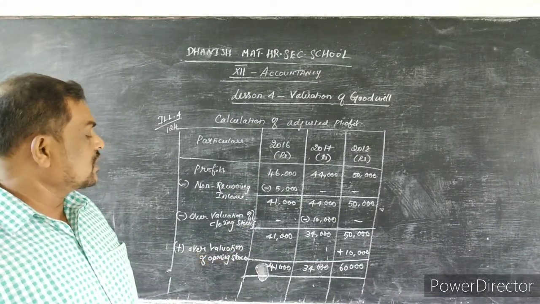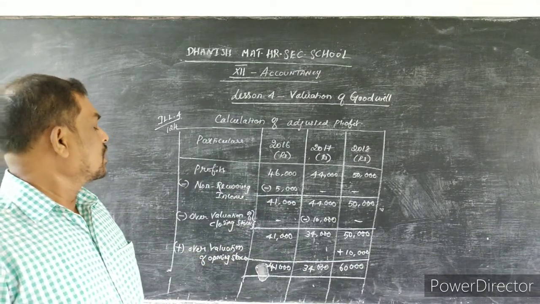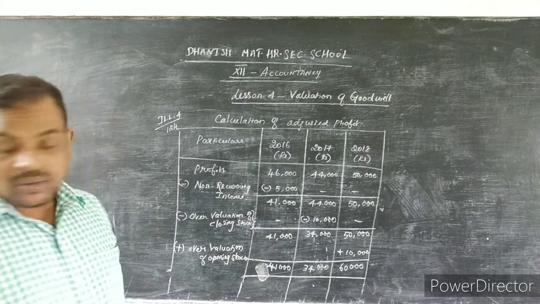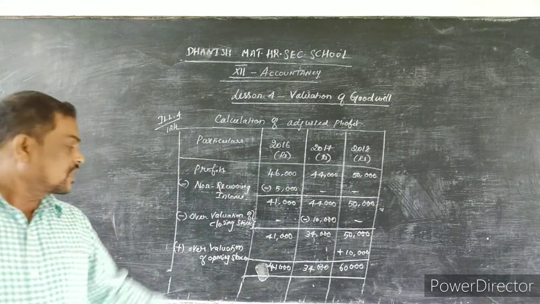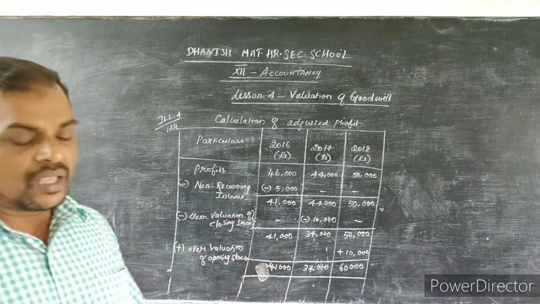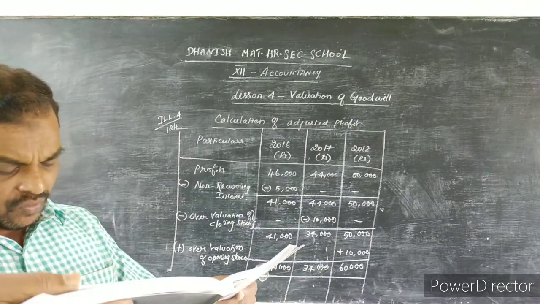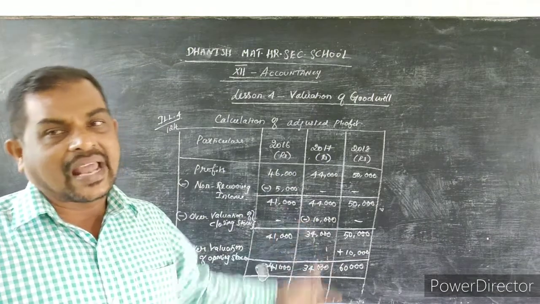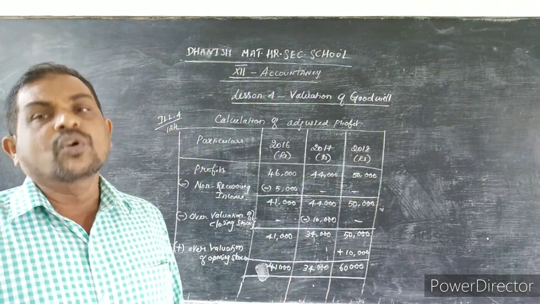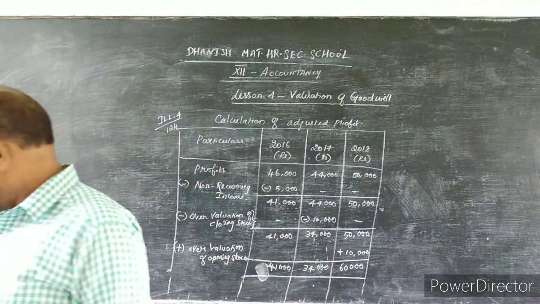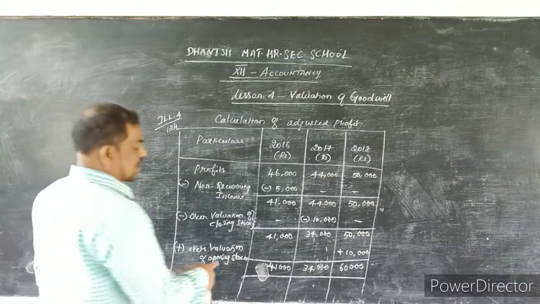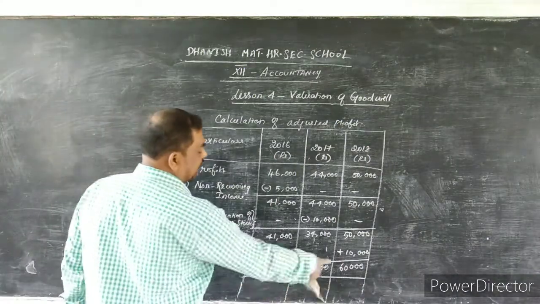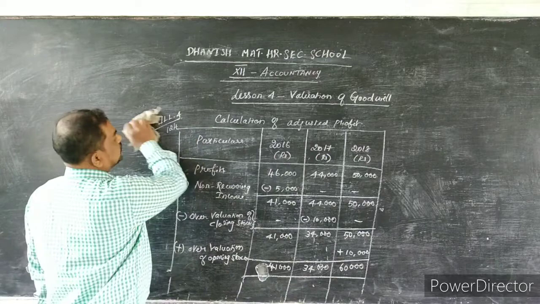That is 41,000, 34,000 and 60,000. With the help of these profits only, we are going to calculate the average profit. After finding out the average profit, we can calculate the goodwill.